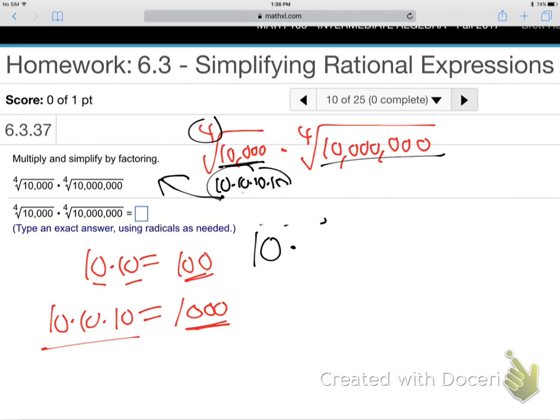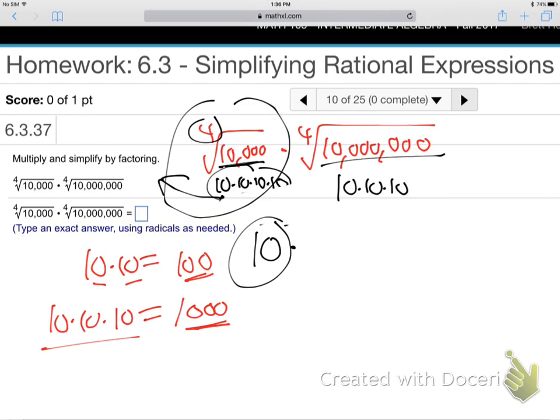So what about this 10 million number? Everybody good with the first one? The first part is just 10. There's 7 zeros. Yeah, how many zeros? Oh yeah, I was thinking there were 8. There's only 7, huh? Okay, so there's only 7 zeros. You're right. 1, 2, 3, 4, 5, 6, 7. So there's 7 zeros, which means 7 tens.